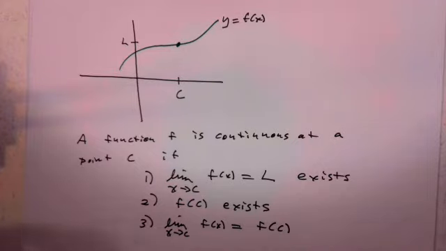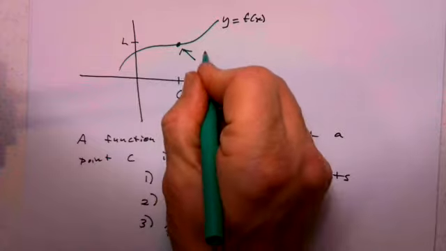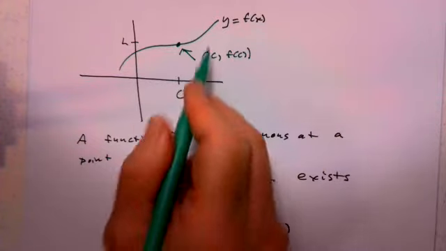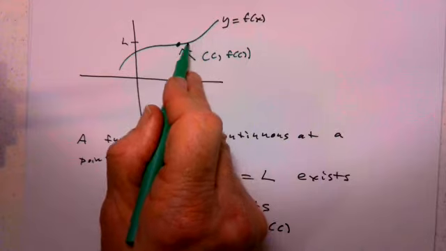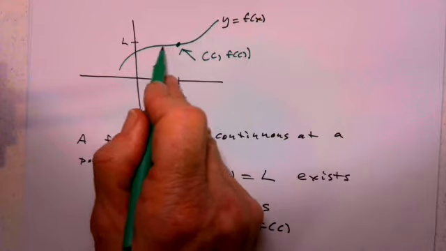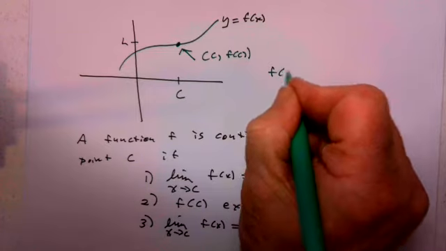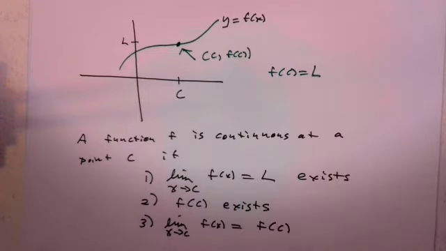So in this case, again, this is also the point C, f of C. So the y value is f of C, but also the limit is L. As I approach from the right, the y values get closer to L. As I approach from the left, the y values get closer to L, and f of C equals L, equals that limit. That's what it means for a function to be continuous.